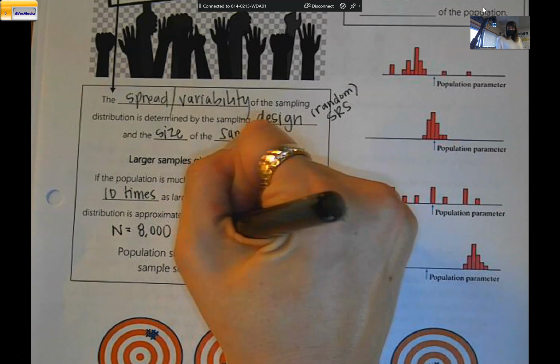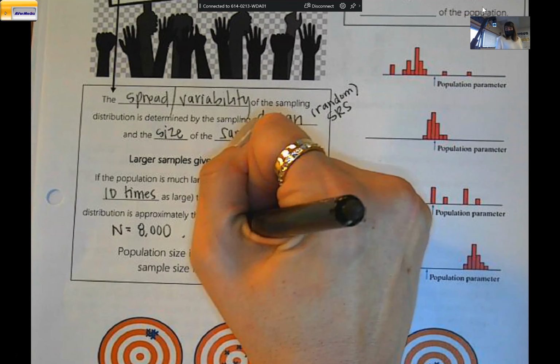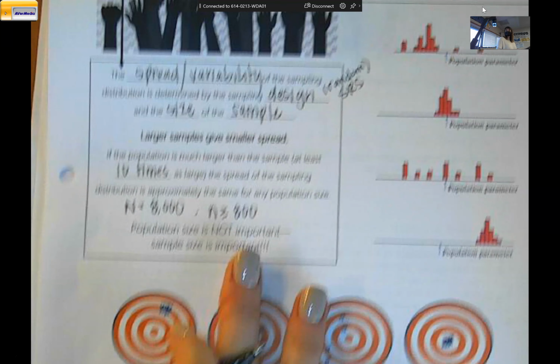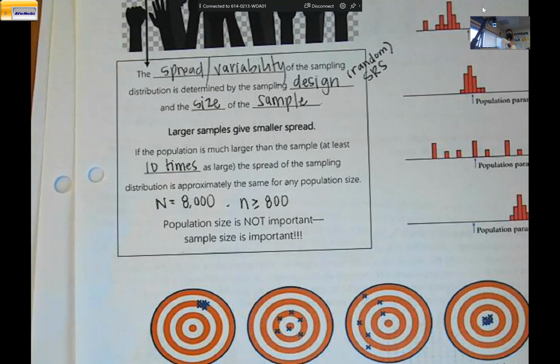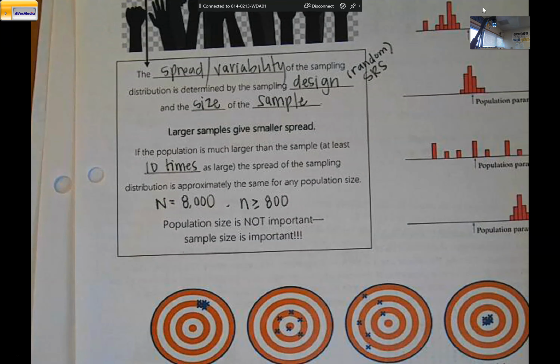If we take a sample size that is 800 or bigger, so once you get 800 people in your sample, that's essentially the lowest your variability will be. Once you hit at least 10% of the population as your sample, your spread is approximately the same for each sample size.